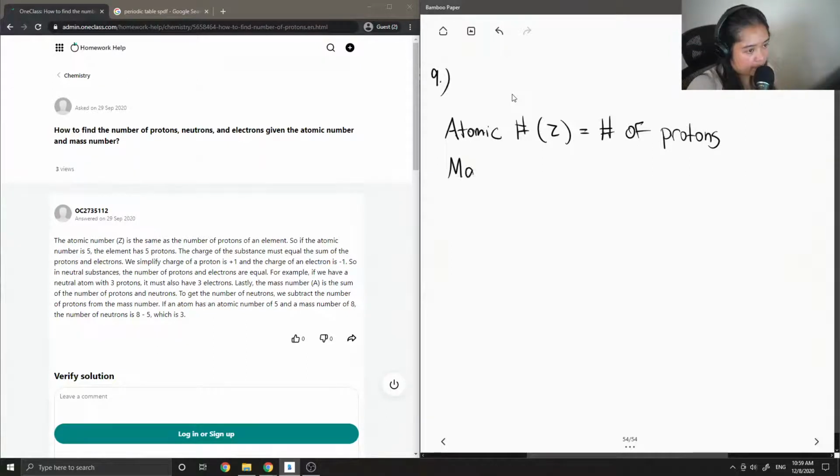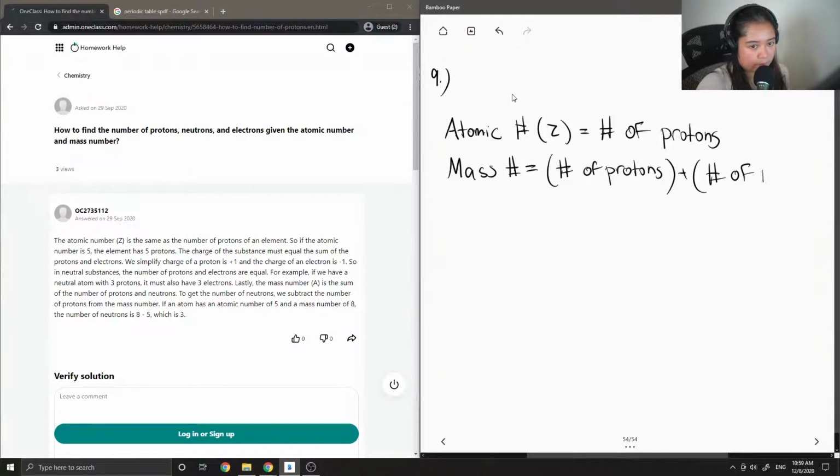And the mass number on a periodic table is equal to the number of protons plus the number of neutrons. Okay, so that's how we solve for protons and neutrons.